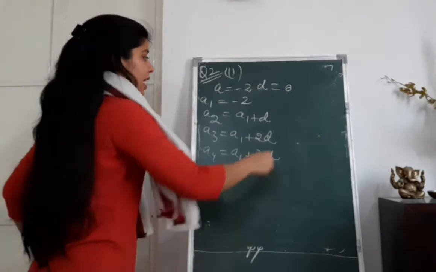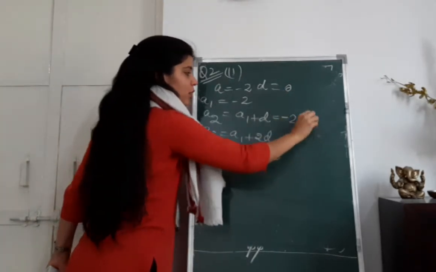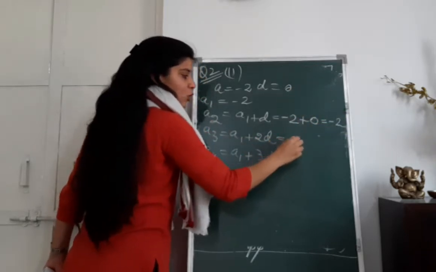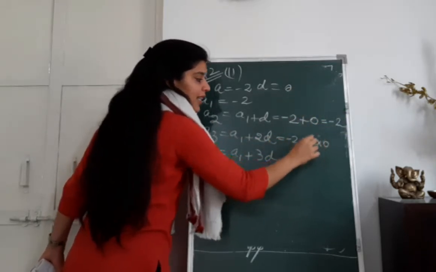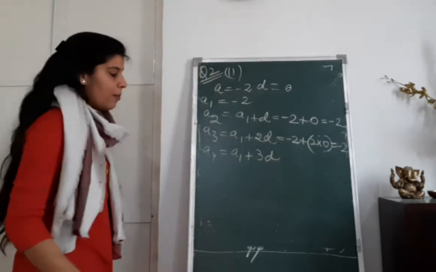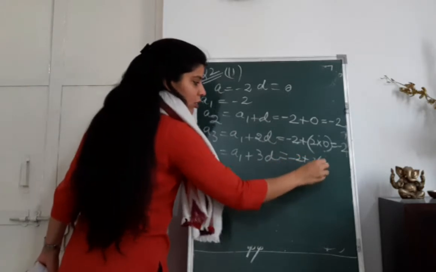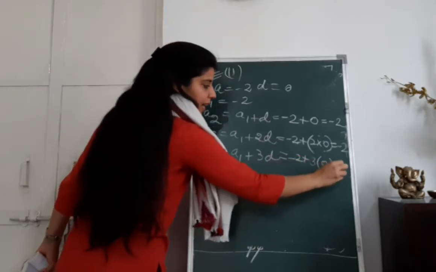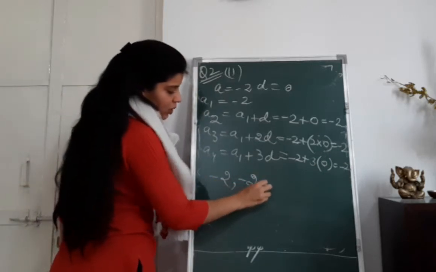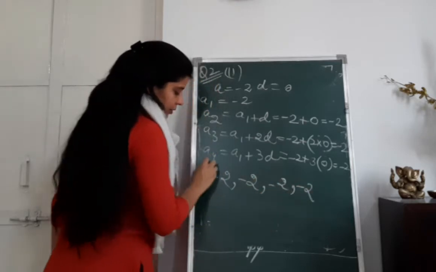Here A1 is minus 2 plus D, which is 0, so your answer is going to be minus 2. Minus 2 plus 2 into 0. Anything multiplied by 0 is 0 only. So this is also minus 2. This is minus 2 plus 3 into 0, which is again minus 2. So the first 4 terms of this AP are minus 2, minus 2, minus 2 and minus 2.